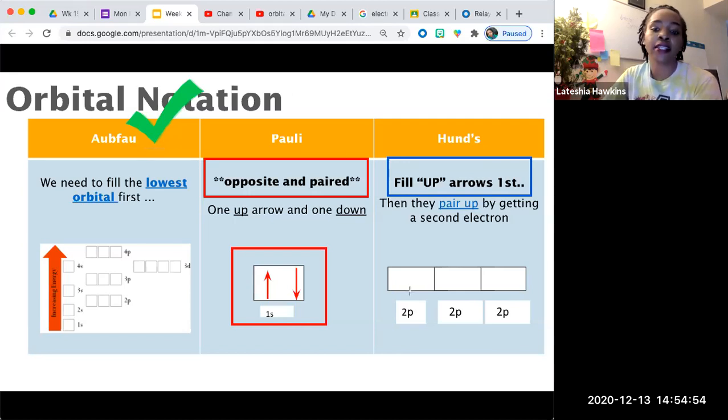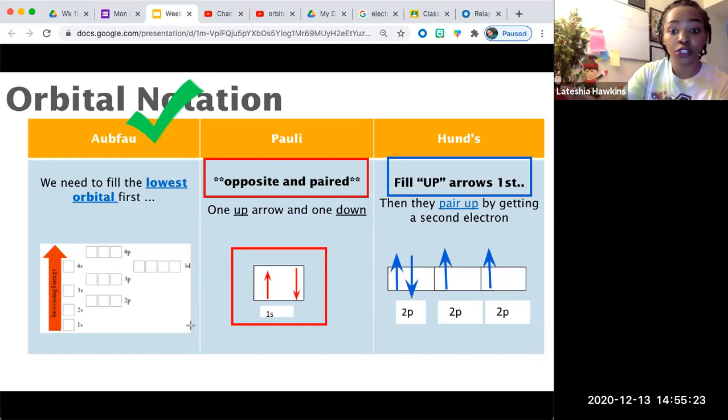So if I was filling in for oxygen, oxygen ends in 2p4. So the arrows that I would draw for oxygen would go 1, 2, 3. I fill my up arrows first, and then I would go in and fill my 4th arrow down.